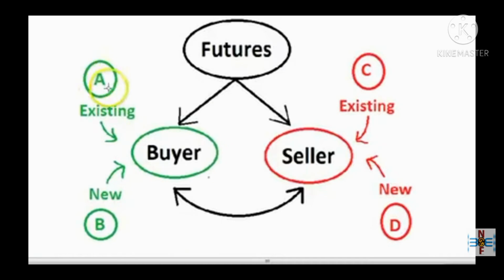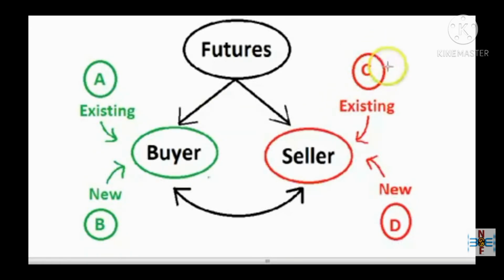There is an existing buyer named A, and a new buyer comes in and replaces the position of A. The existing buyer will place a sell order to square off his position, and a new buyer, who has cash in his account and is willing to get into the long position, takes the place of A. B takes the place of A, and when the trade happens between A and B, the open interest will remain the same and will not change.